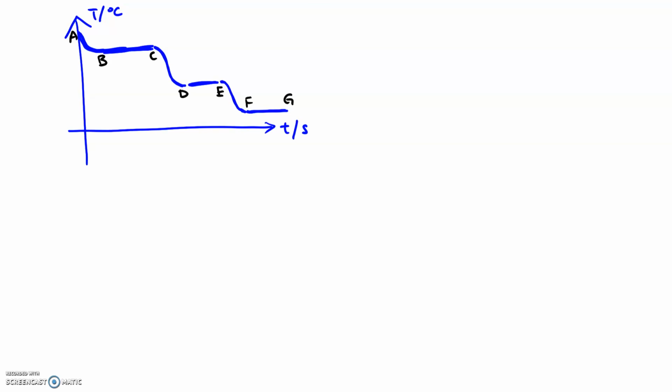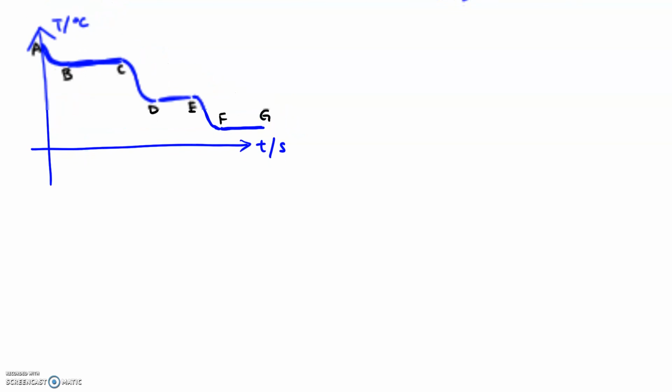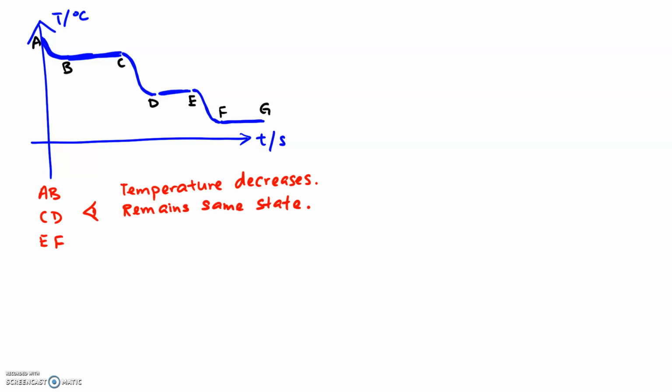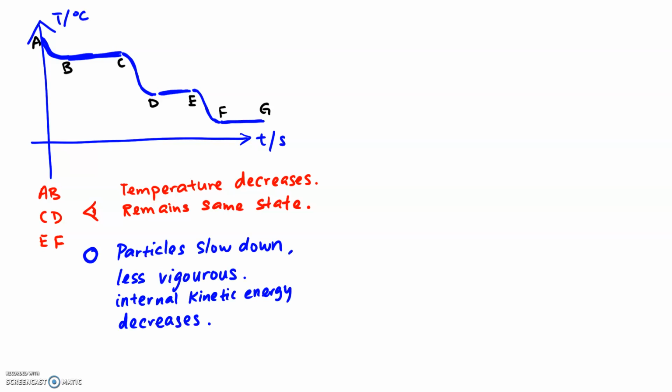If I were to draw a cooling curve like this, we have the different segments A, B, C, D, E, F, where you notice the temperature decreases, the state remains the same. Right, so starting from gaseous state, the temperature decreases. Right, so particles slow down, less vigorous, internal kinetic energy actually decreases. So that's the way we explain what the particles are doing, right?